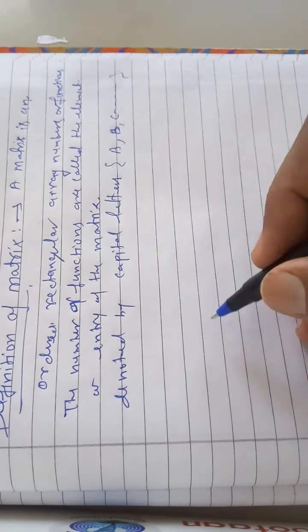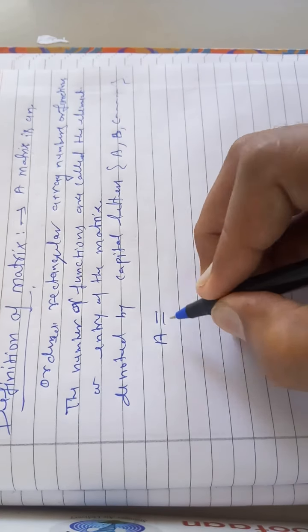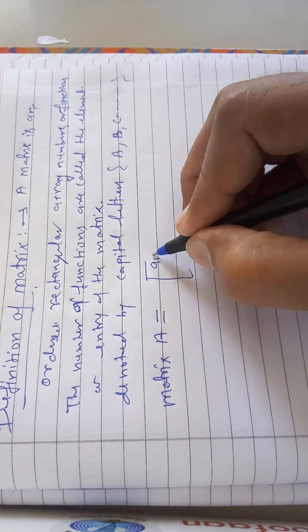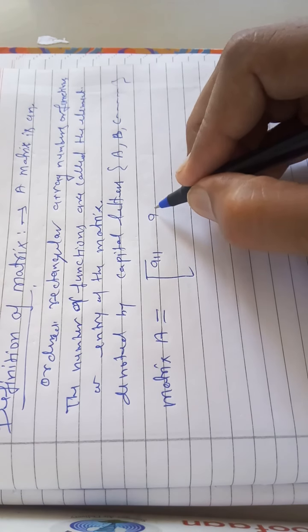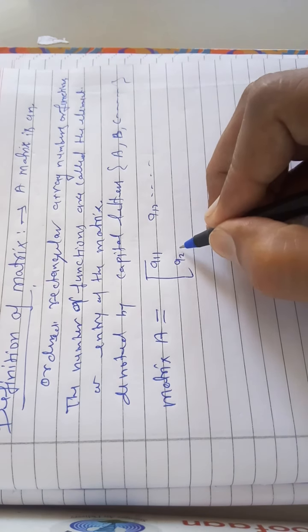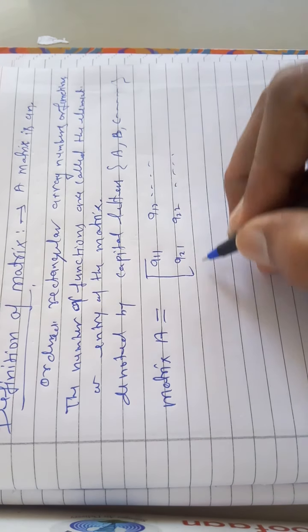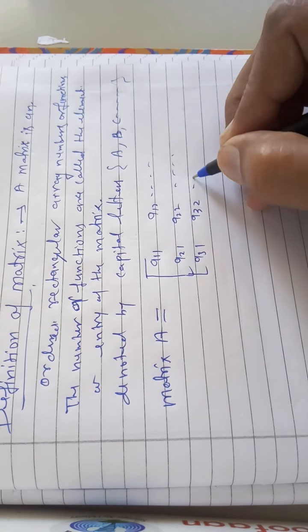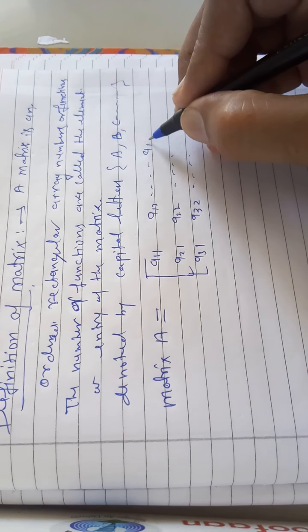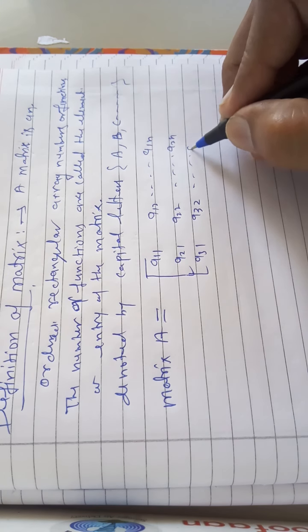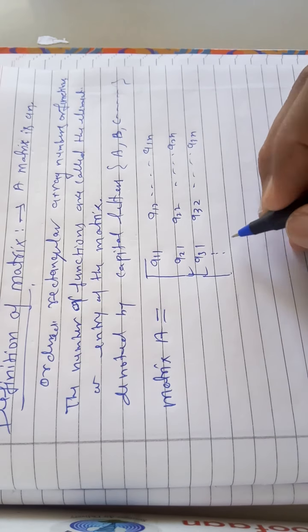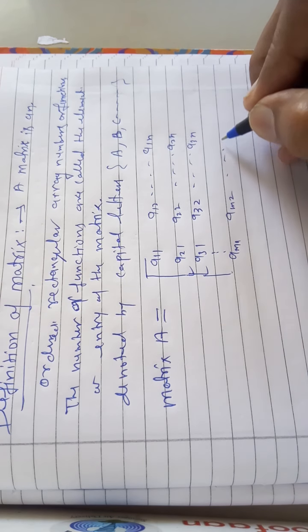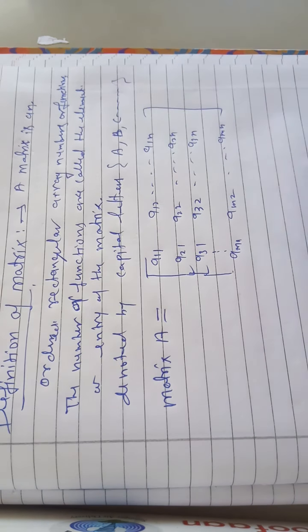And this matrix A equals A11, first row first column, A12 and so on, A21, A22 and so on, A31, A32 and so on, A1n, A2n, A3n, and so on, Am1, Am2 and so on, Amn is called a matrix.